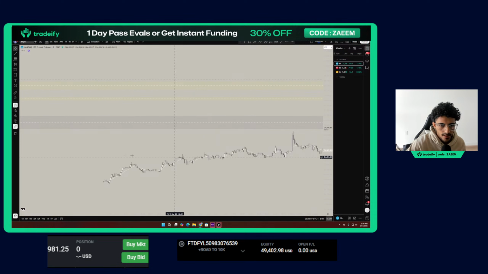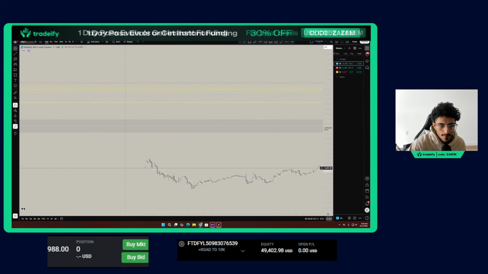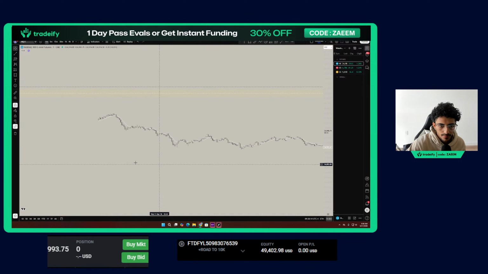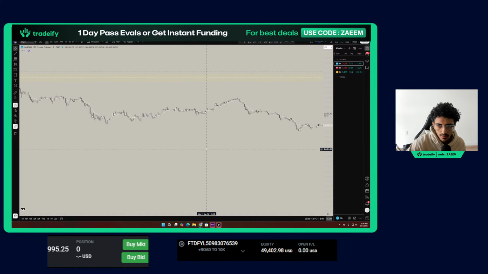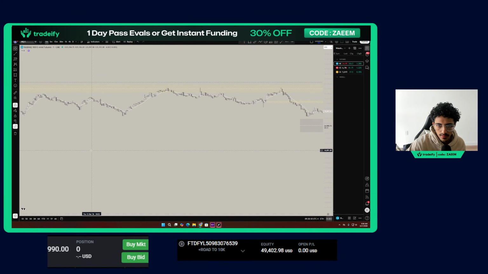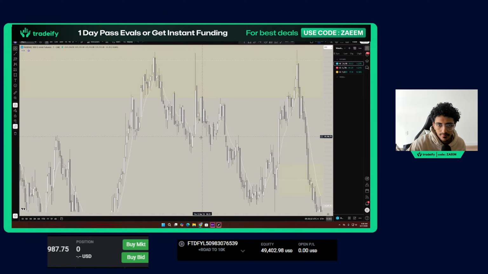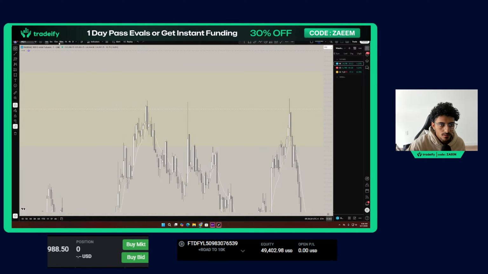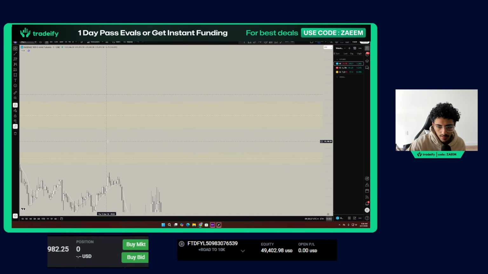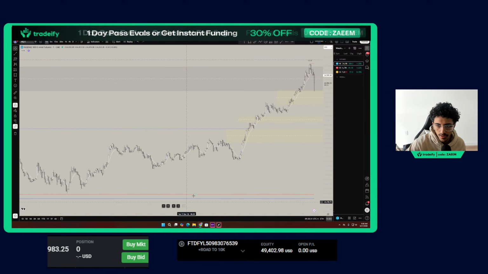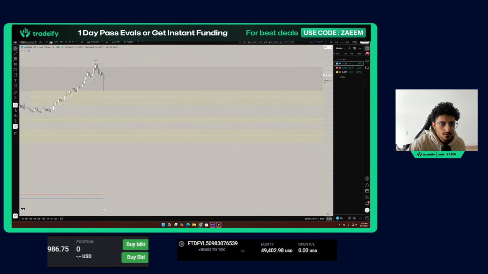How far is this gap? Okay. Yep, never closed above it. Both of them are still valid. Actually, we did add a candle closure above. Alright, we'll keep that in mind.